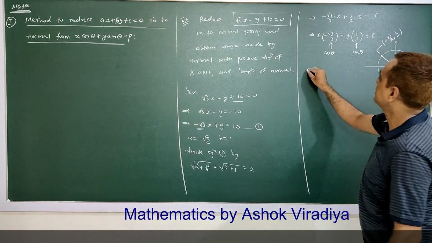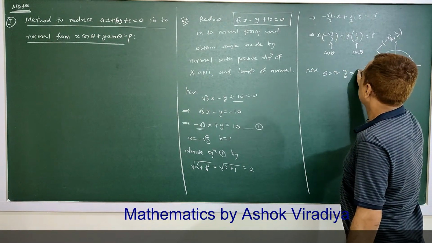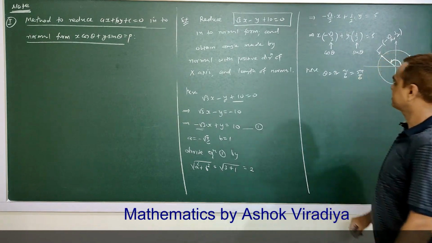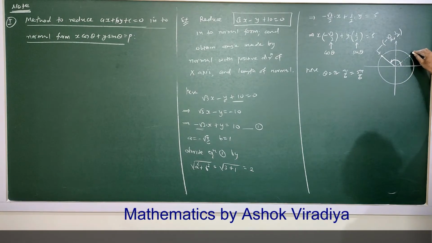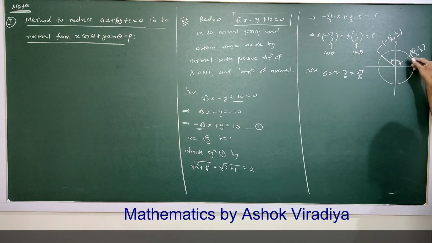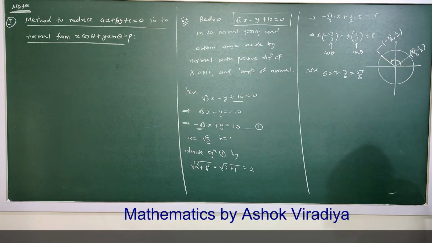So here theta is pi minus pi by 6, that is 5 pi by 6. Take help of this corresponding point, root 3 by 2, 1 by 2. Because this is the point corresponding to pi by 6, this angle is pi by 6, so this is pi minus pi by 6.